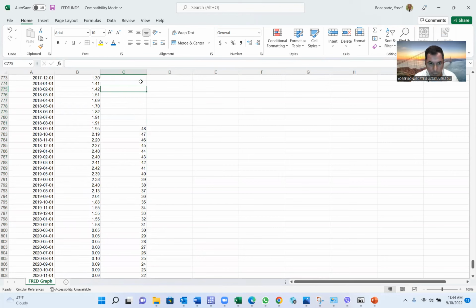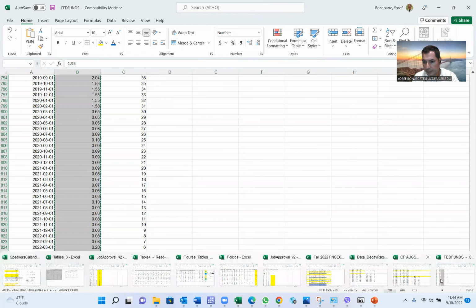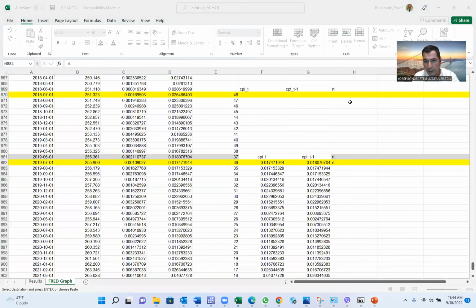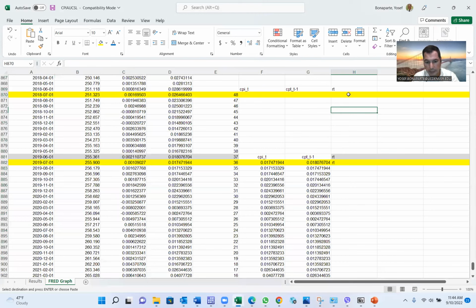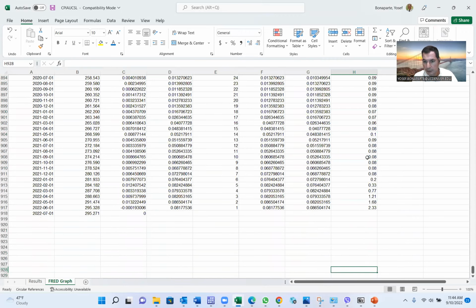So these are the last 48 months of interest rate. Right click. We go back to this one. And here are the 48. Right click, values. So that's RT basically. We need to keep it RT here. So this is the interest rate in the last 48 months.